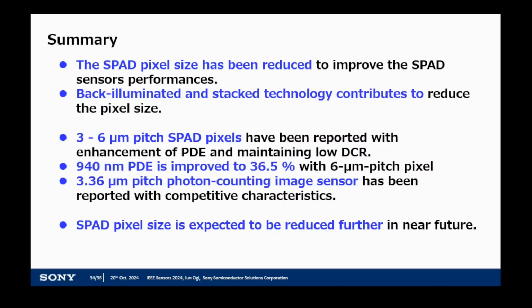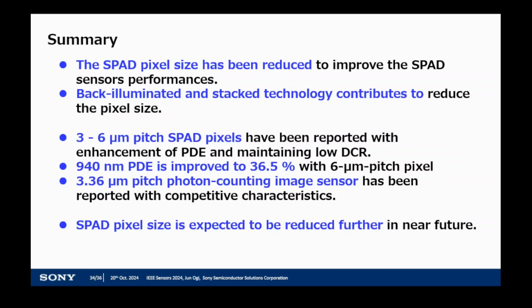And 3 to 6 micrometer pitch pixels have been reported with enhancement of PDE while maintaining low DCR. 940 nanometer PDE is improved to 36.5% with a 6 micrometer pitch pixel. A 3.36 micrometer pitch photon-counting sensor has been reported with competitive characteristics. And I believe the SPAD pixel size will be further reduced and the sensor performance further improved in the near future.